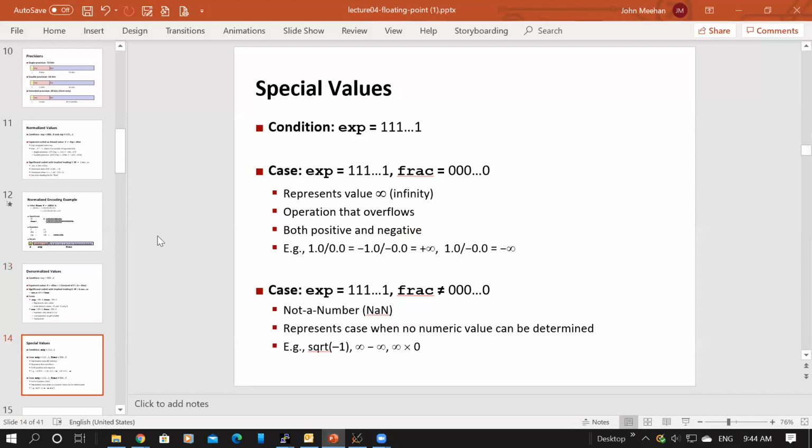The third thing that we have is the case where the EXP field is all ones. If the fractional part is all zeros and the EXP field is all ones, this is representing infinity for us. Positive infinity would have the sign bit of 0, negative infinity would have a sign bit of 1.